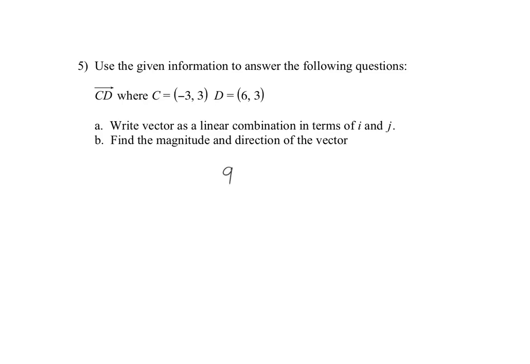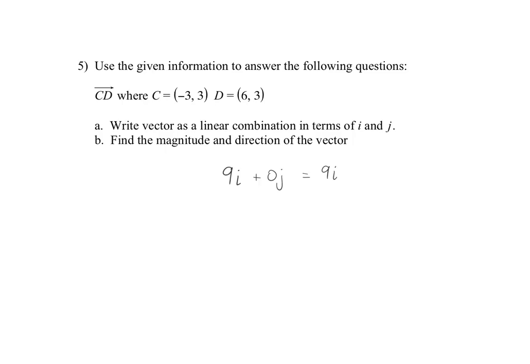That's 9. And then 3 minus 3 is 0. So you can write it as 0j, but really it would just simplify to 9i.